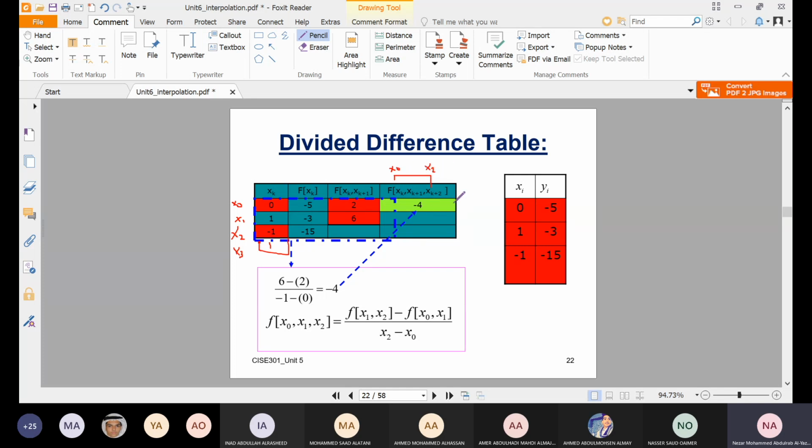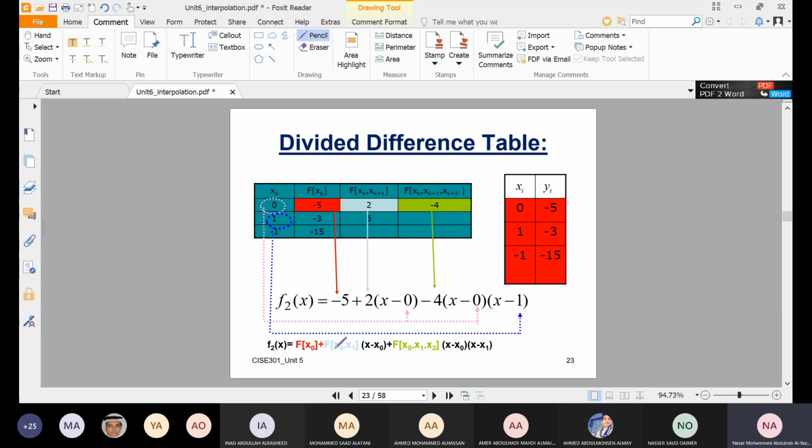If you have, for example, another row with x3, you take x3 and x1. Is this clear, Shabab? Clear, Doctor. Yes. Okay.